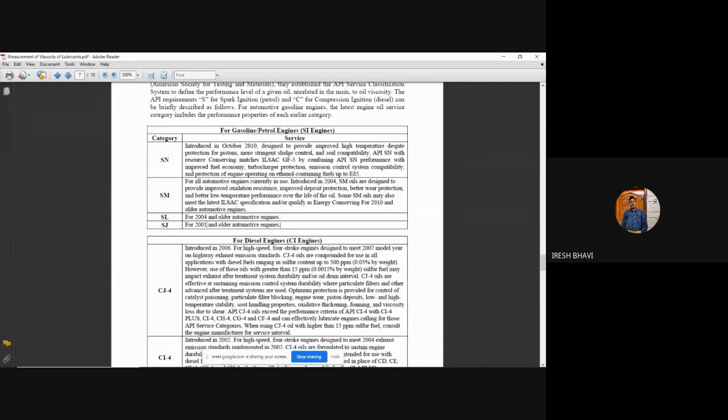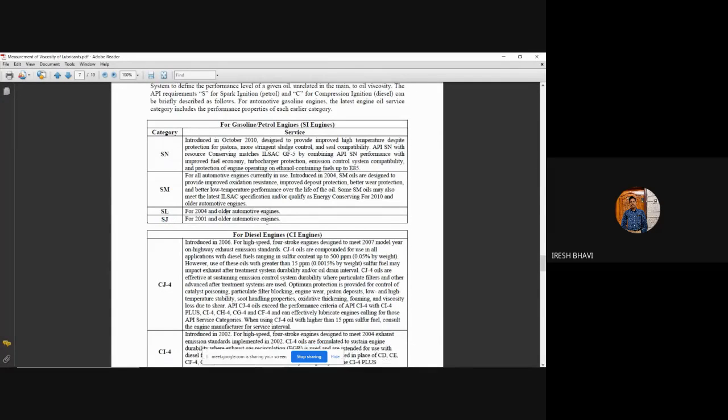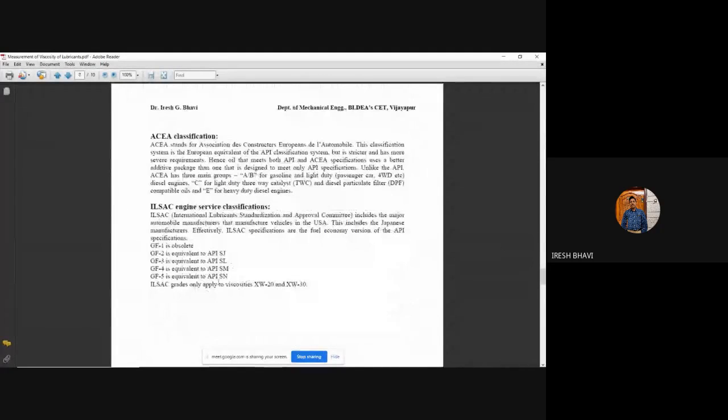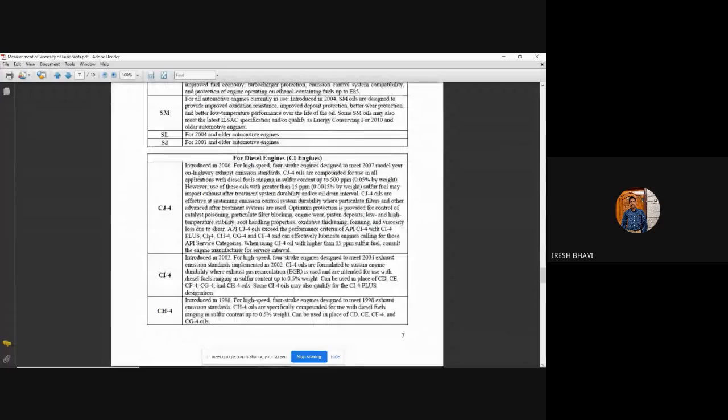For whatever engines were manufactured then, SJ grade is used. Similarly, for diesel engines, it is CJ4, CI4, CH4. These are the different names of the lubricating oil based on API. Okay.